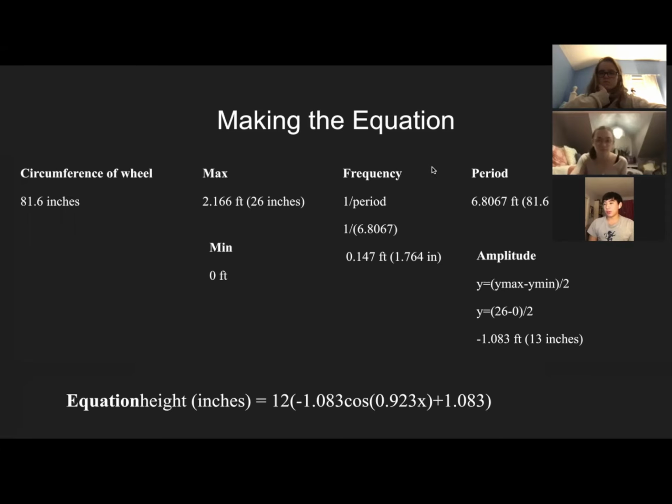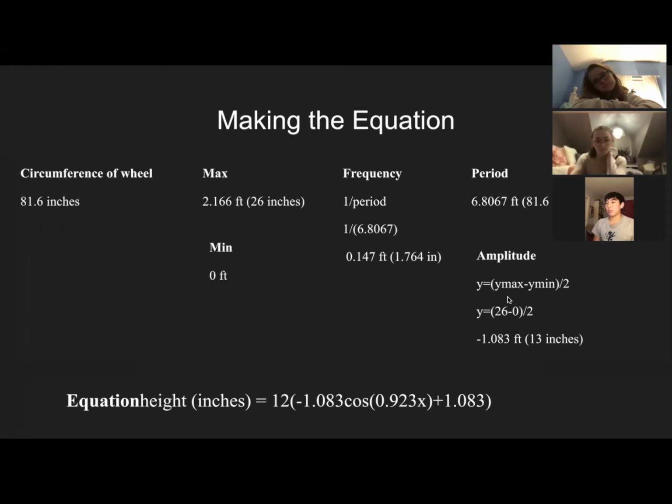The amplitude as well, we knew that the maximum height was 26 inches. Therefore, the amplitude would have to be half of that, since the midpoint would be halfway between the maximum and the minimum.